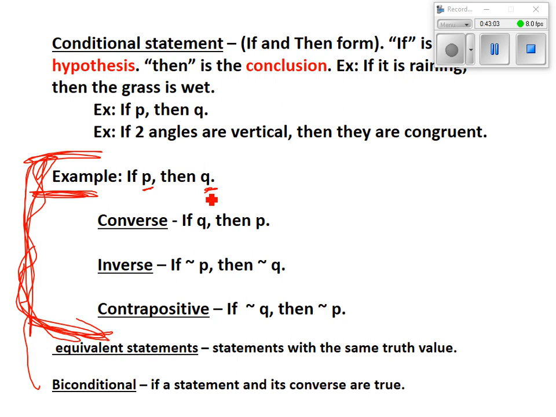So if P, then Q, the converse moves the Q to there and moves the P to there. So it moves the conclusion to here, the hypothesis to here. That's all it does. It switches the hypothesis and the conclusion. That's what the converse does.